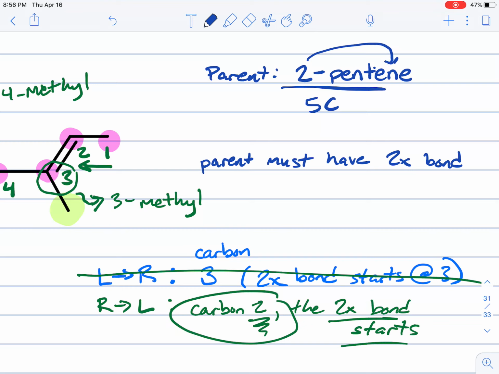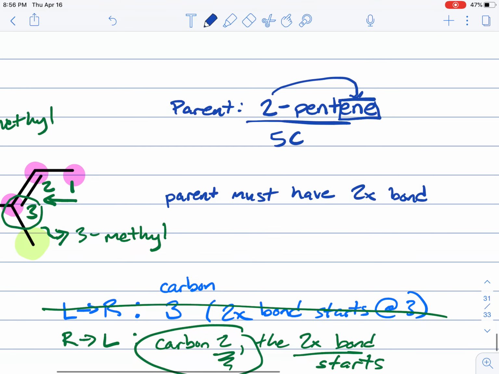So it kind of jumps over the carbon number, and then you describe it as ene. So ene is a double bond. And so the double bond is on carbon 2.